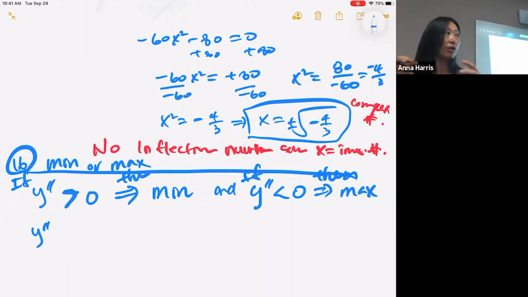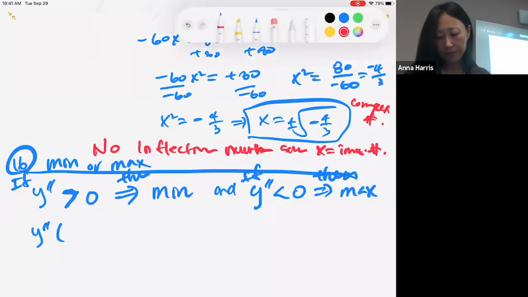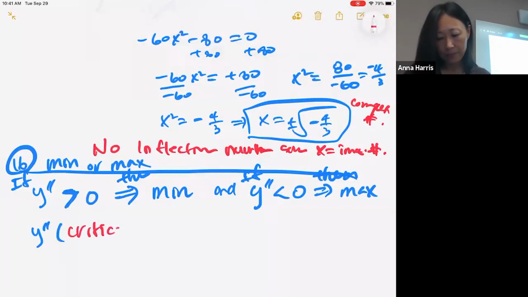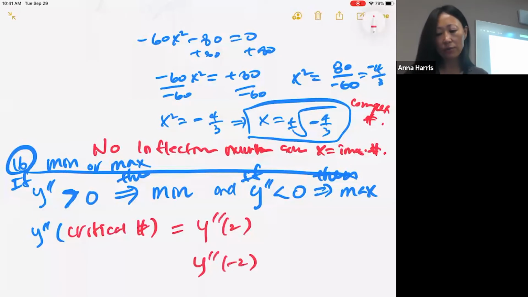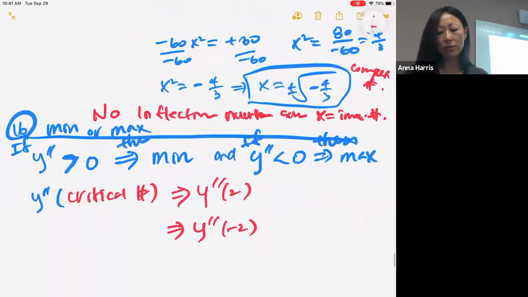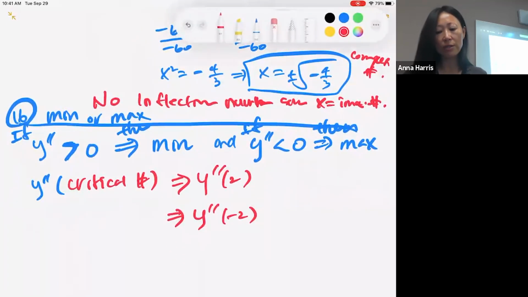I will plug in my critical number, right? So plug in the critical number here. So in this case I have y double prime at 2 and y double prime at negative 2, because we have two critical numbers, positive 2 and negative 2. You plug your critical number into your y double prime to figure out whether that critical point is your max or minimum.